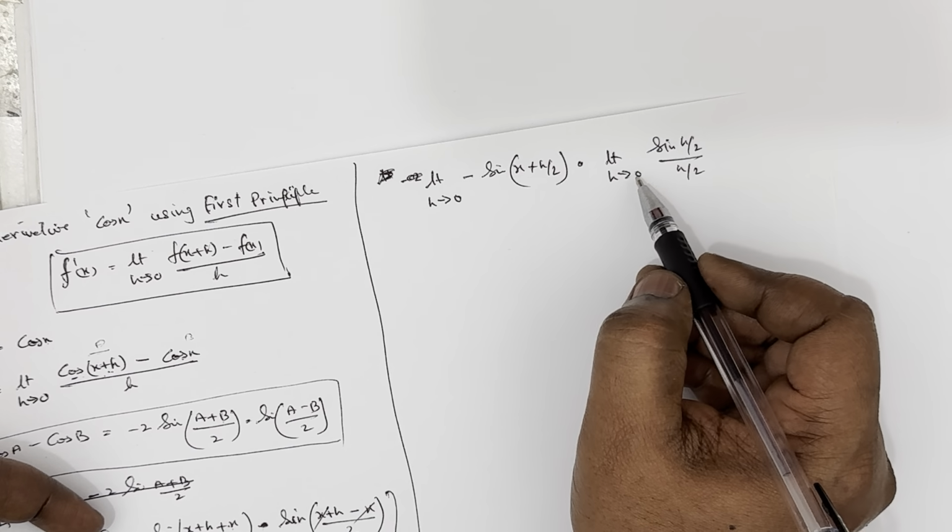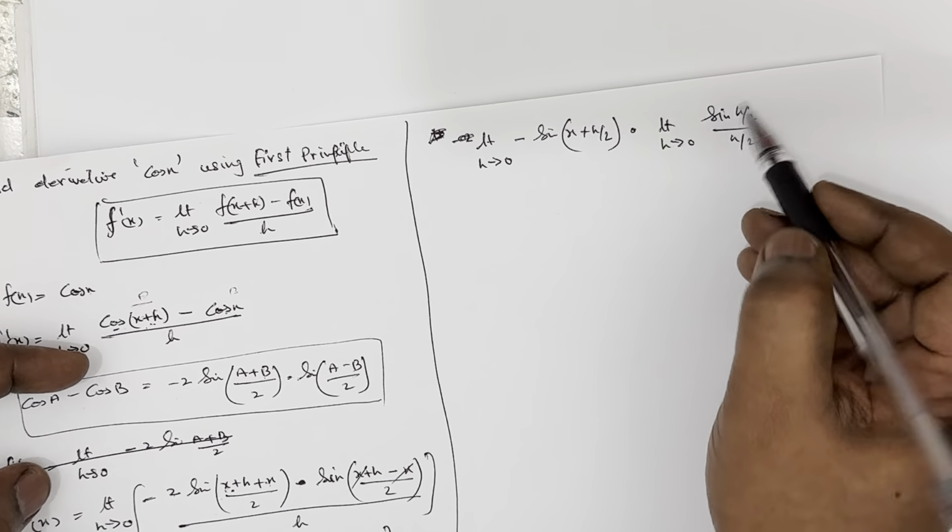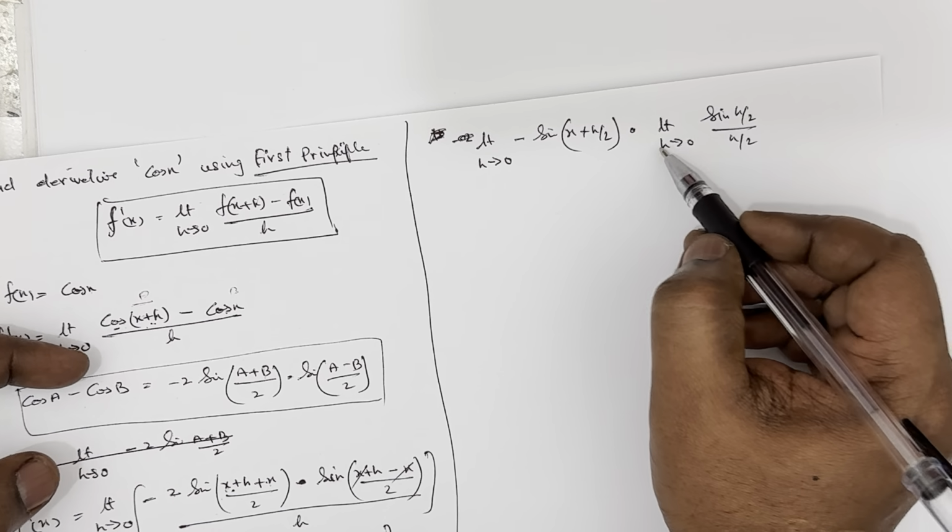Now this is in the form of this theorem, so we can write this as 1, h by 2 upon h by 2, h tends to 0.